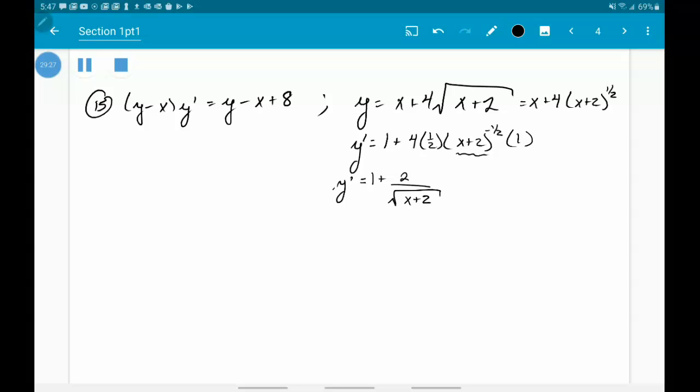So let's take this guy and let's plug it in here. So we have y minus x. Well, y was this function. So there's y minus x times y prime.